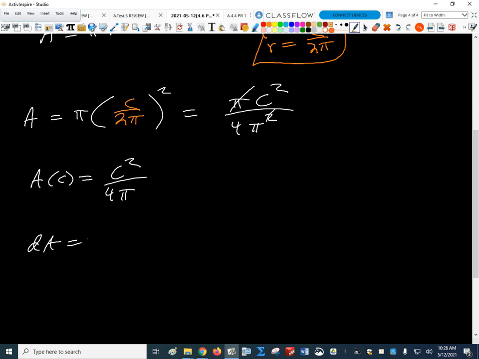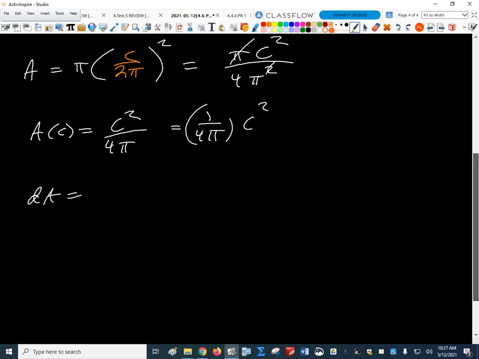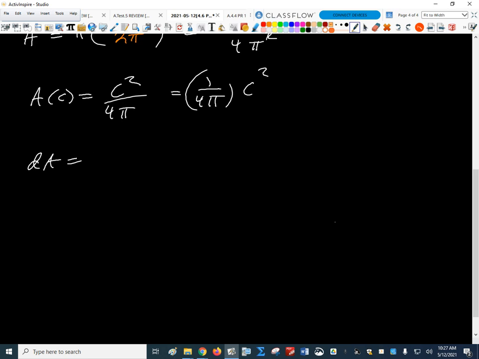Okay, you're doing quotient rule, but we don't need to do quotient rule here because the bottom is a constant. So I could just think of it as 1 over 4 pi is my constant times c squared. Just use the power rule, okay? So what's that going to give me? Good. Times 2c, there you go, good. 2c.